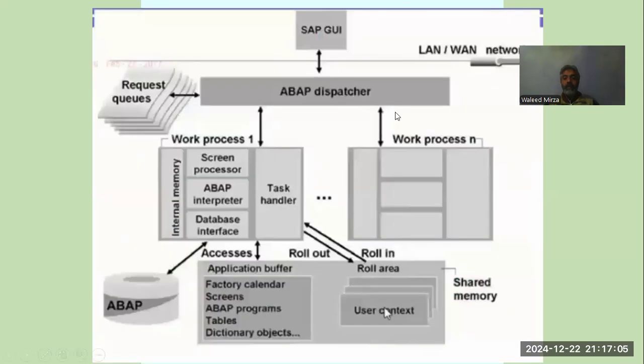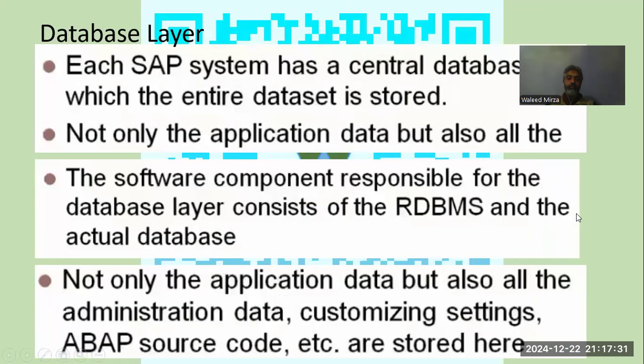So the ABAP dispatcher works very closely with the work processes, which have many more segments within a work process. And those work processes are working in parallel with the database, the functional modules, the configuration, the user context, the shared memory, everything running in parallel in synchronization.